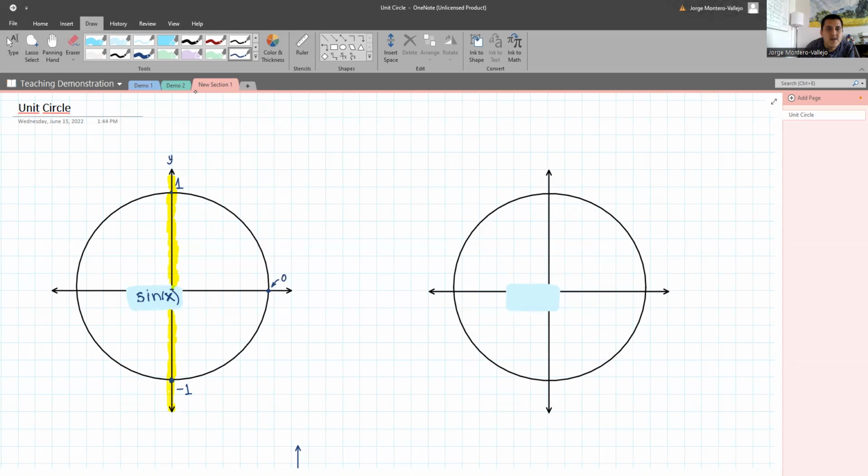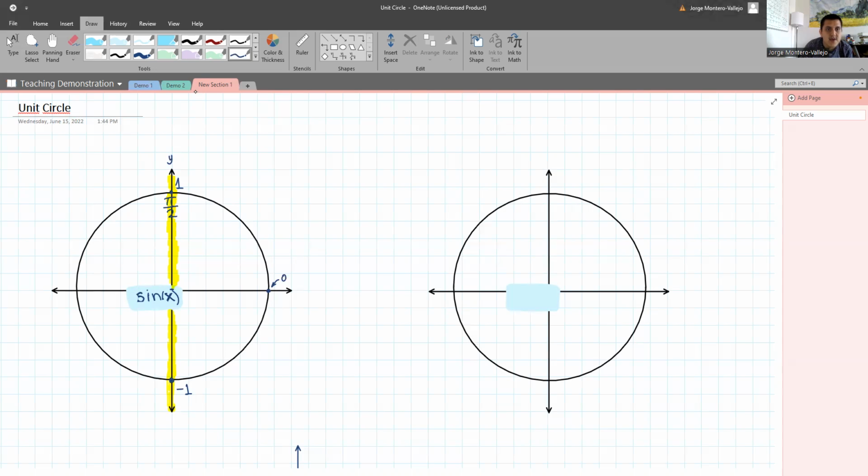Now what about the other one over here? This is the angle pi divided by 2, because remember that pi radians is 180 degrees. So 90 is just 1/2 of it, which is pi over 2. So pi over 2 is up here. Now what is its sine value? What is sine of pi over 2?